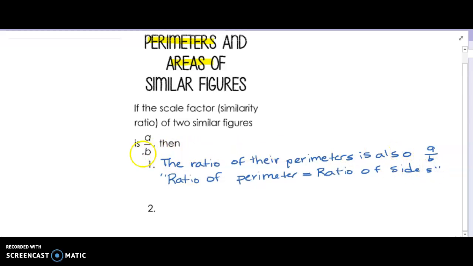You don't have to write both of these, but just know that the ratio of the perimeter is the same as the ratio of the sides.